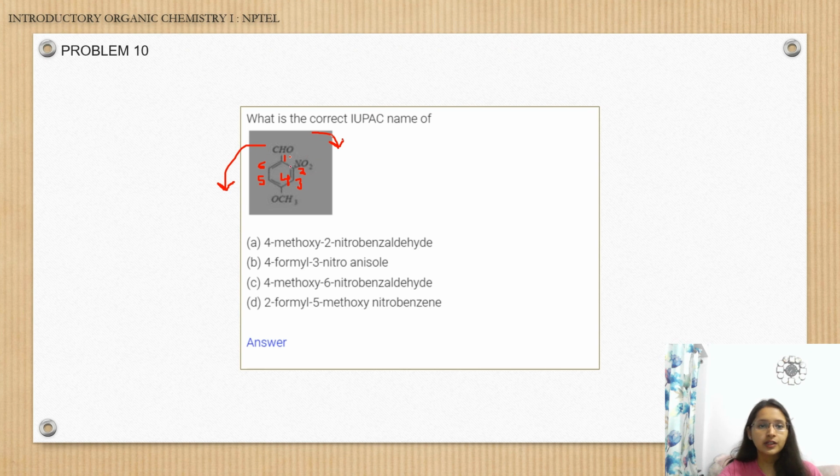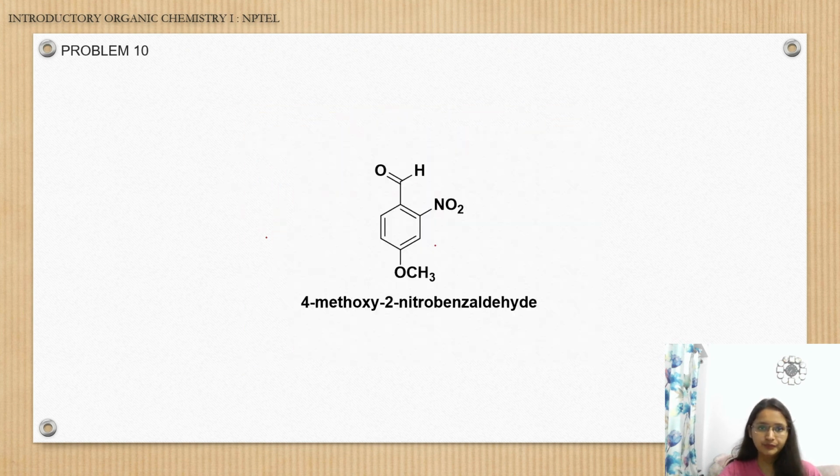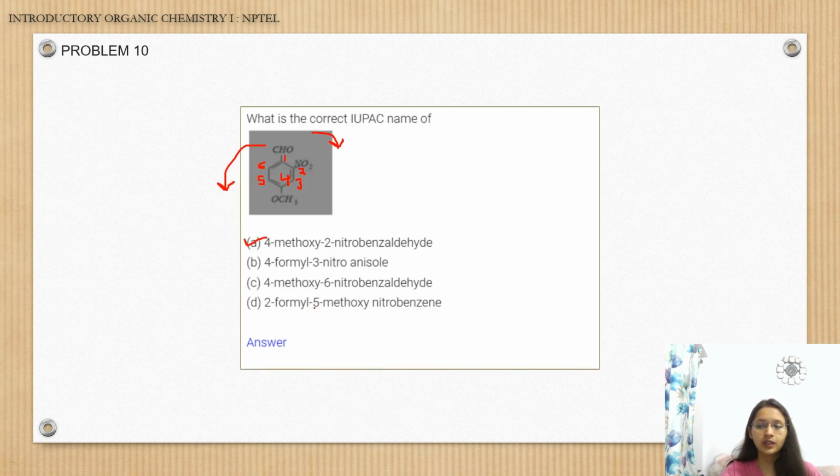So the correct option will be option A. Okay, so is it clear to all of you? It's a very basic question, only the IUPAC name you have to answer. I think it is a very easy question which I have put in the main PPT.